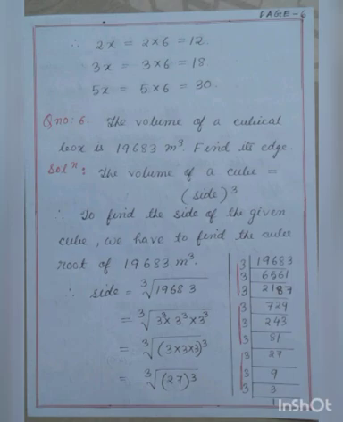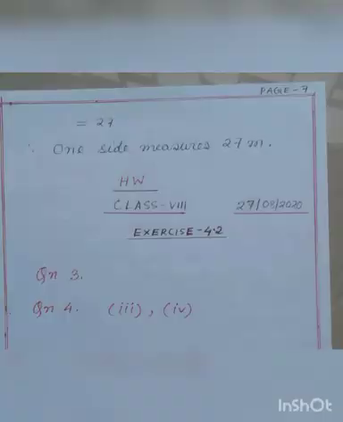If I find the cube root of 19683, I get 27. Therefore, one side of the cube measures 27 meters.